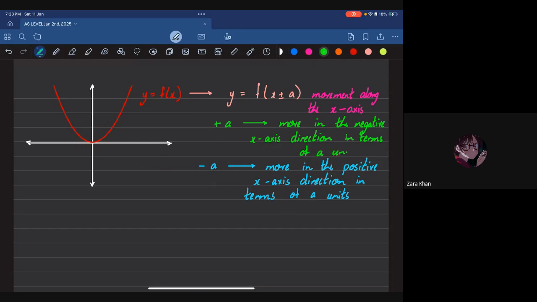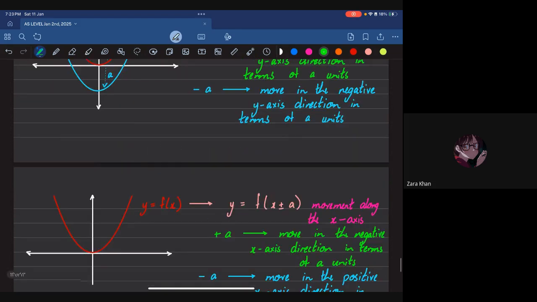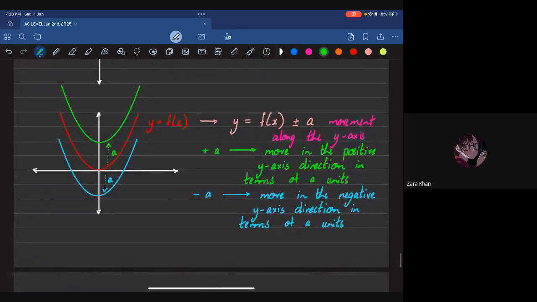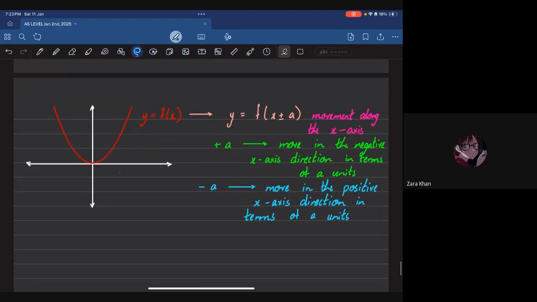How much you need to move will be determined by the magnitude of a. Now, how do I determine this? Let's see. For example, if something adds on to x inside the equation, my graph is going to move leftwards, or in the negative x direction, like this.